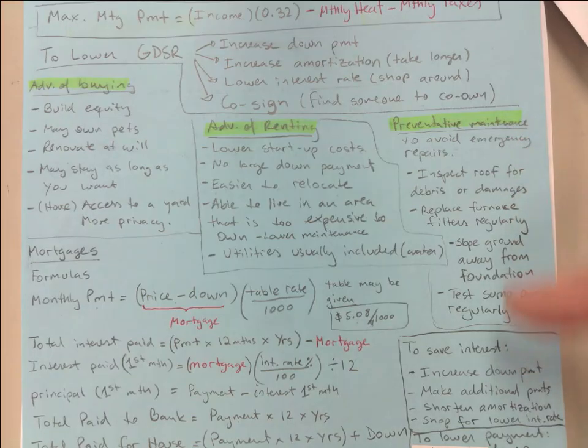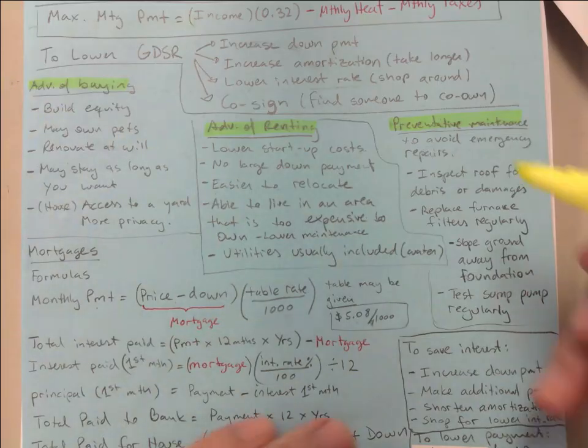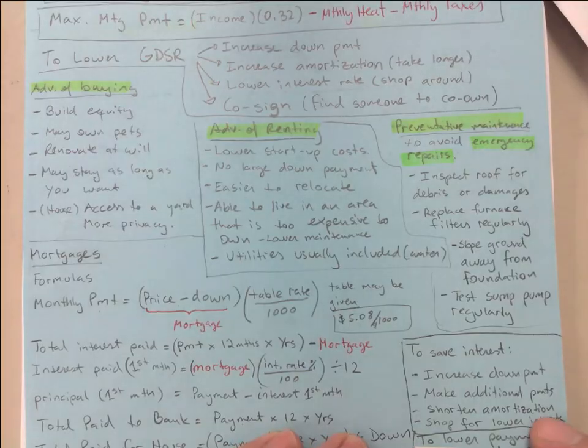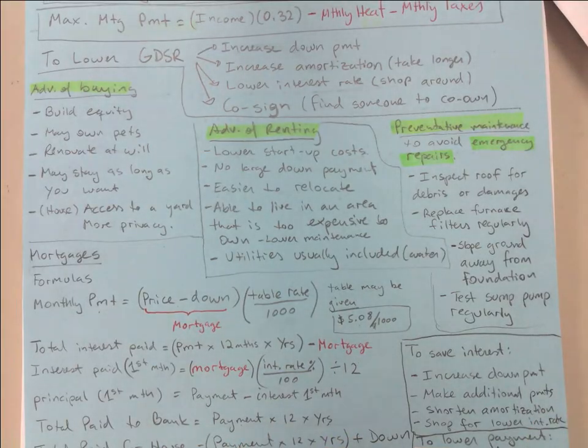So make sure you have a few items there. Things you do to prevent major emergency repairs. I don't have emergency repairs here. Oh yeah, I do. Actually, I do. So let me highlight that, right? Preventative maintenance to avoid emergency repairs. What are emergency repairs? What does the word emergency imply? Do you have a lot of time to think about it?